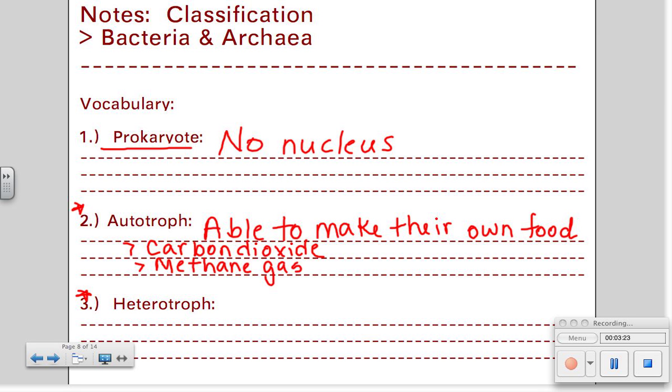Bacteria and Archaea can also be heterotrophs. When they're heterotrophs, they're known as decomposers, because they absorb organic matter.